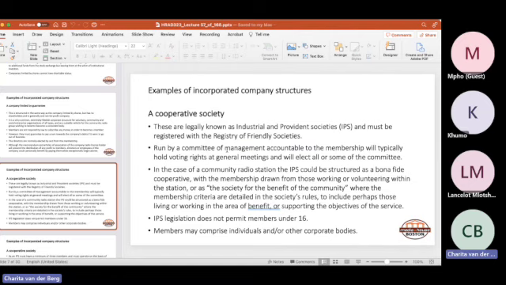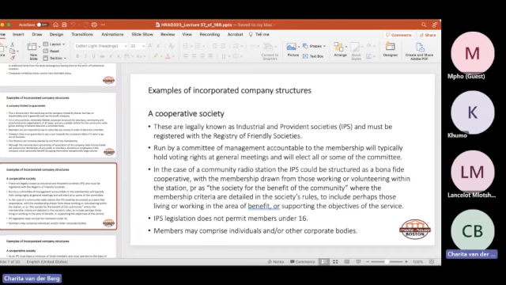So it all runs through the members and through their meetings, okay, annual general meetings or simply general meetings. So in the case of a community radio station, the IPS could be structured as a bona fide cooperative with the membership drawn from those working or volunteering within the station. So we're using volunteers here.